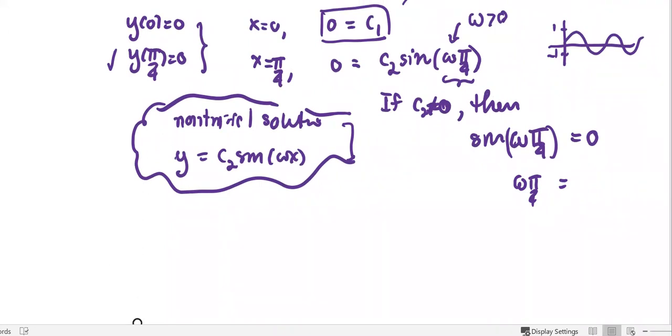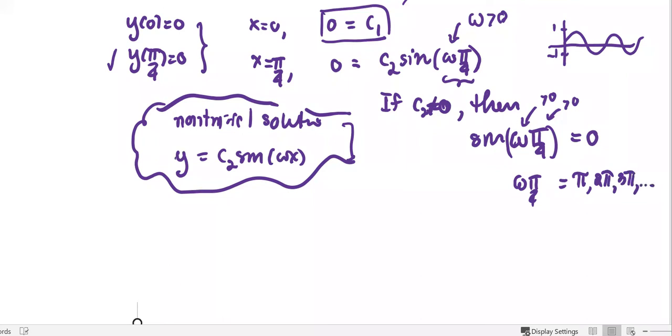Since omega is a positive number, and pi over 4 is also greater than 0, we're going to start from the option that's greater than 0. So omega pi over 4, not including the 0 angle, is going to start from pi, 2 pi, 3 pi, and so forth.